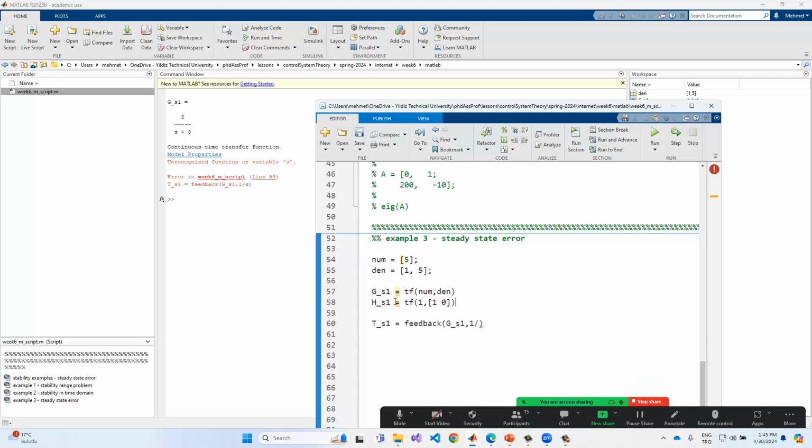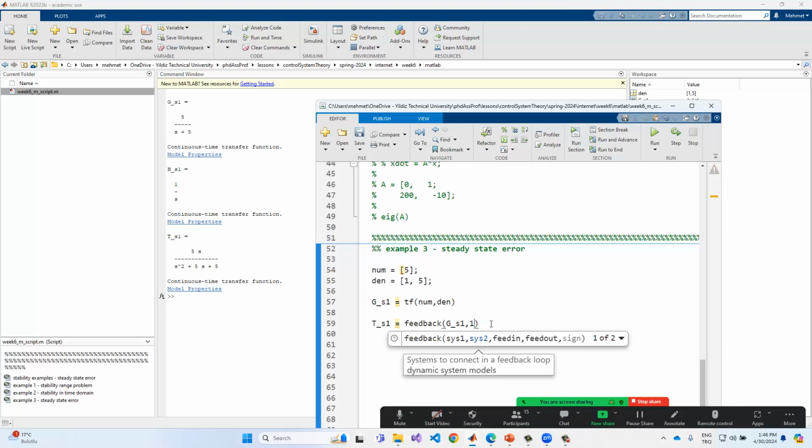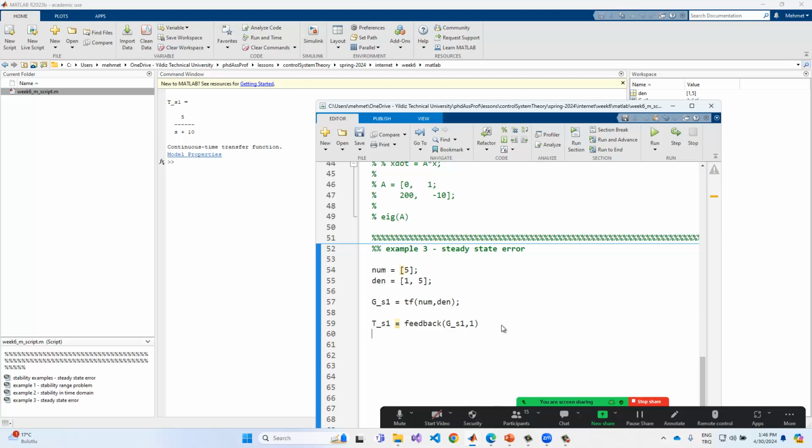Okay, and HS1 can be given in here just like this one. Okay, you can use it freely, but in this case we don't need to use that. We just use the 1 for the TS1 function. Okay, so just remember that we can apply the TS1 for the step signal in here.